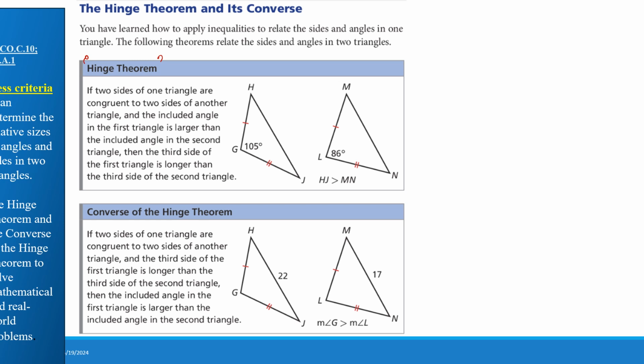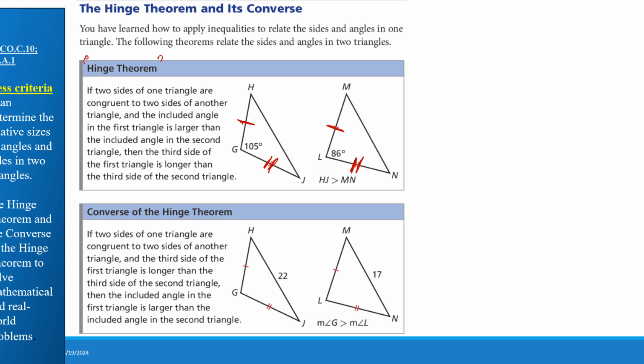The Hinge theorem states that if two sides of one triangle are congruent to the two sides of the other triangle, let's suppose side GH is congruent to the other triangle's LM side, and the other side GJ of one triangle is congruent to the other side of the other triangle, then compare the included angle.